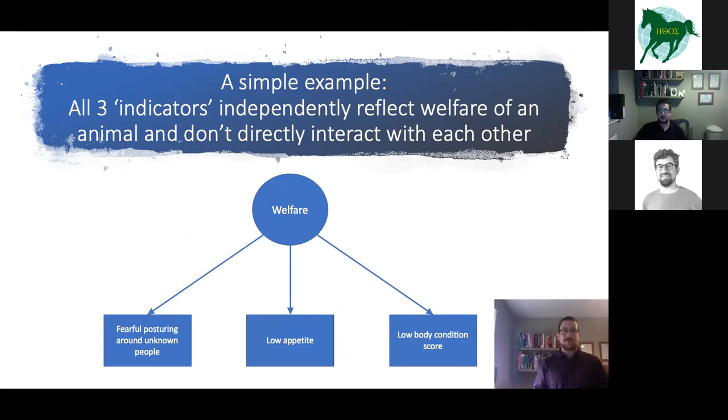These are probably three measures that apply to any species. The latent variable model of these three measures would imply that changes in the welfare of the animal are what cause the scores in the measures. So they cause the fearful posturing, the changes in appetite, and the body condition score. And once we take into account that latent variable, these measures are independent.